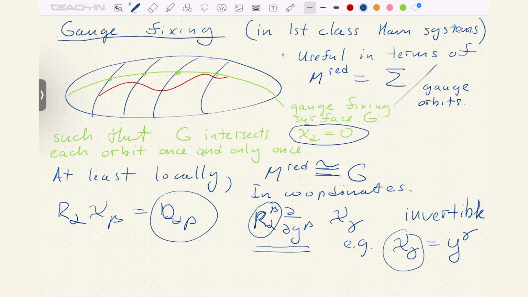But of course, invertibility of this thing is a coordinate independent notion. And locally, it guarantees that the intersection of any gauge orbit with this gauge fixing surface has only one point.